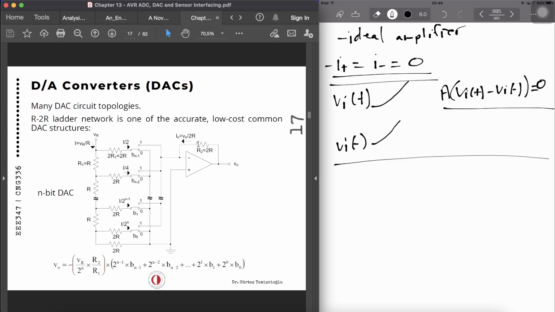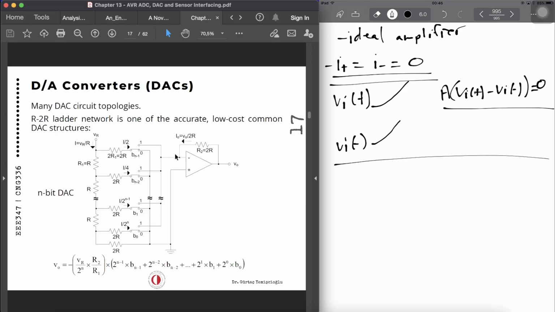Now, if we look at the positive input of this amplifier, in this DAC circuit topology, the positive side is actually tied to ground. So that means that under equilibrium conditions, we are going to have the negative side also settled at 0 volts.